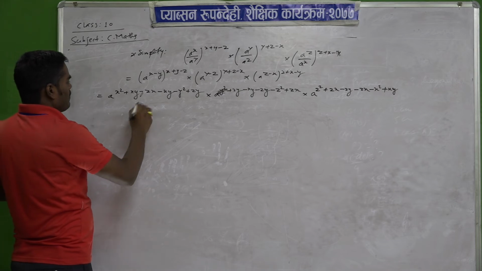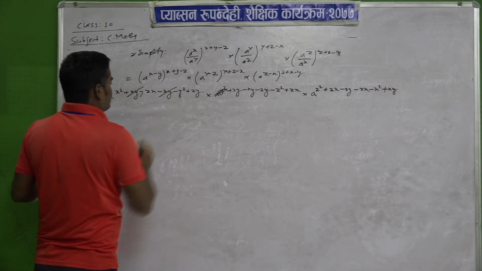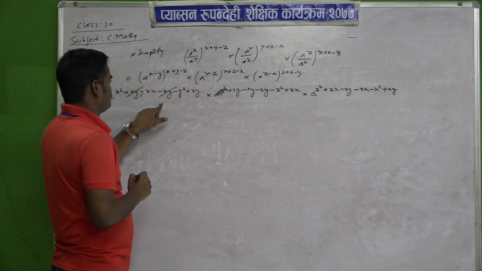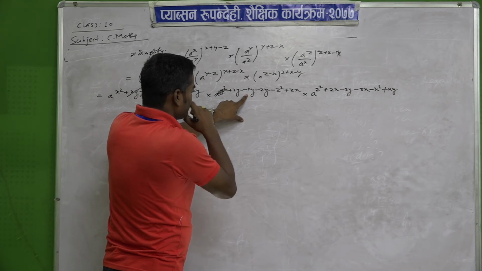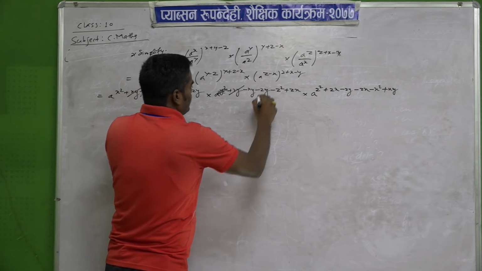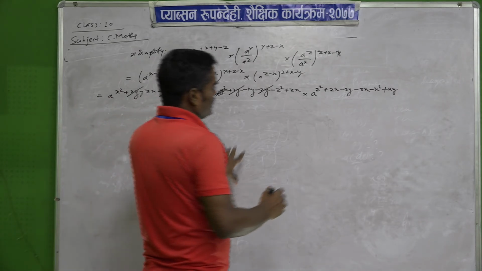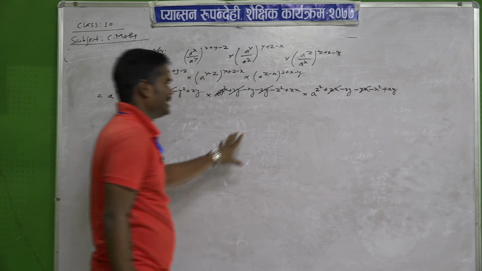Now we have to use here, see, is there anything that is cancelled on the power? So see here, plus xy minus xy plus xy minus xy cancelled, and then plus zy minus zy cancelled, and likewise plus zx minus zx cancelled.